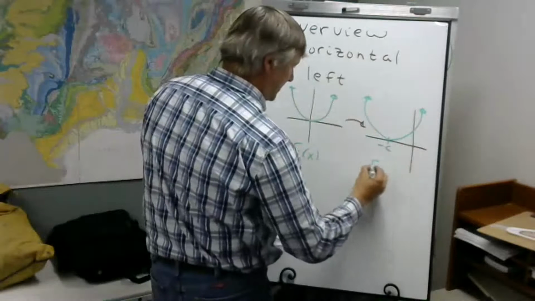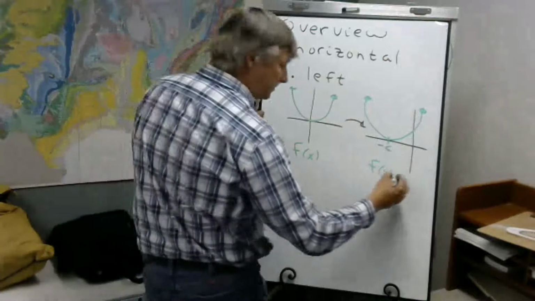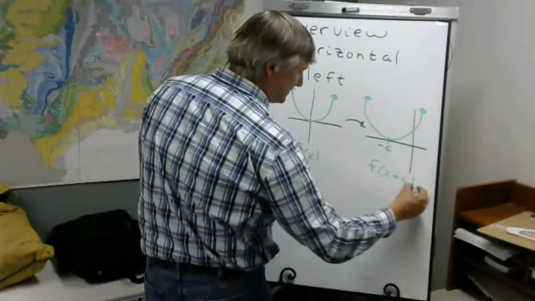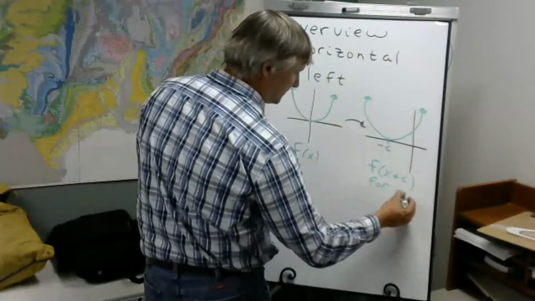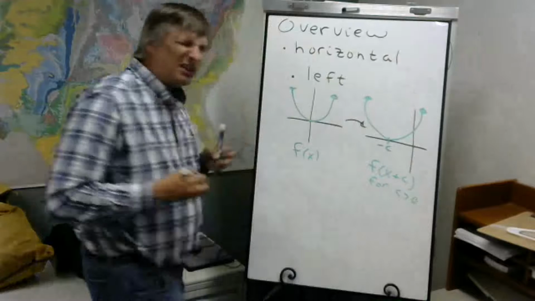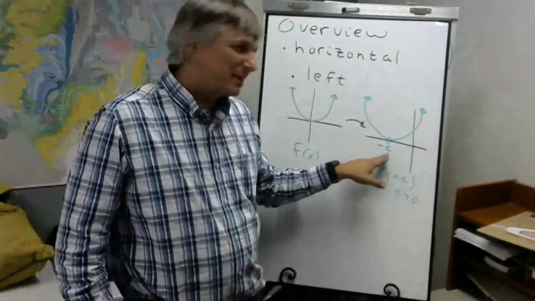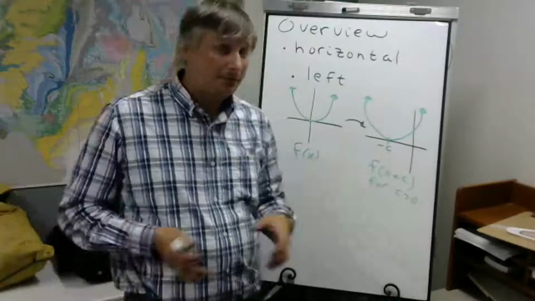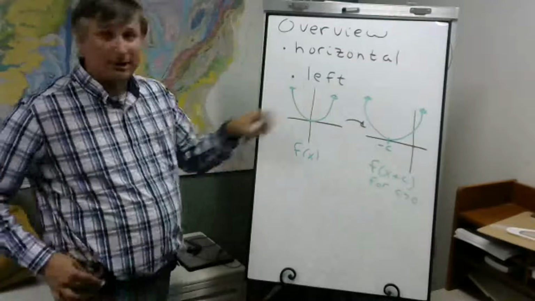Well, we're going to take f, and whatever input we choose for x, we add c to it. And again, for c greater than 0. This seems kind of counterintuitive, like we're adding c to go in the negative direction, but that is what it is. Now, let's say we want to shift right.